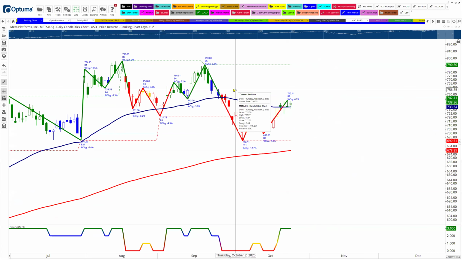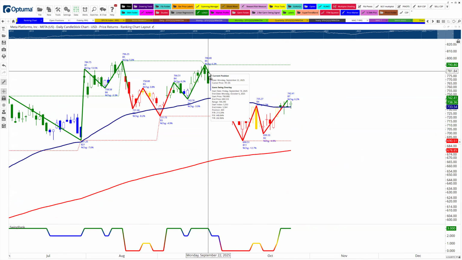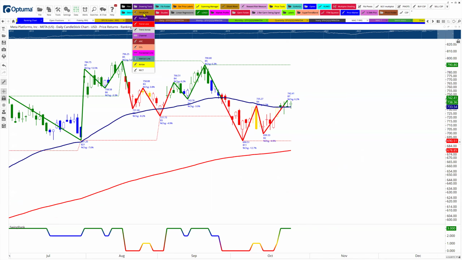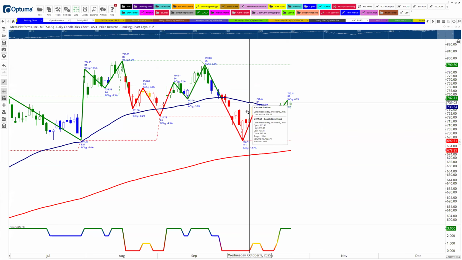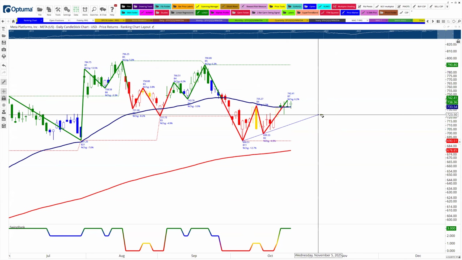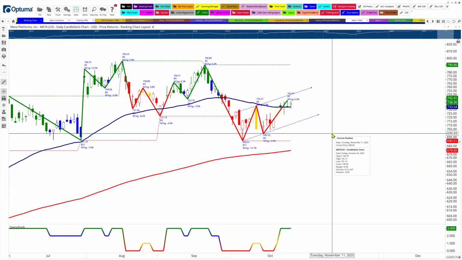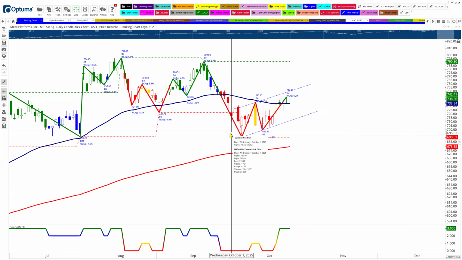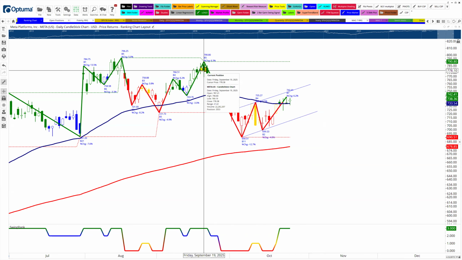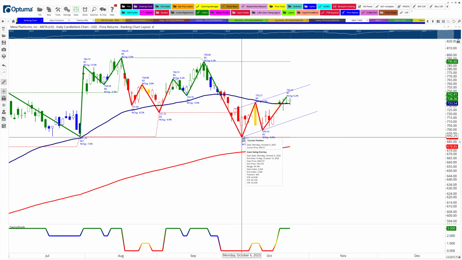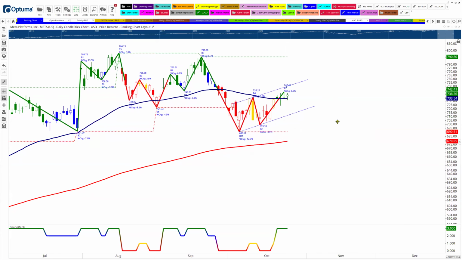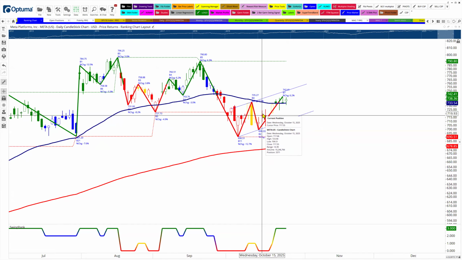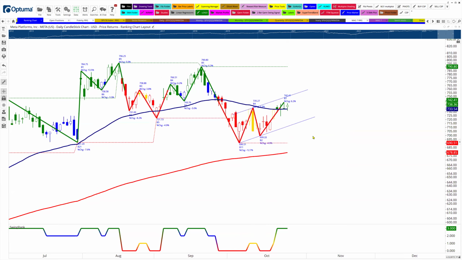But if this is the first initial swing that we're talking about, this is a bearish wedge pattern right there against this swing. Okay, so there are positives, there are negatives.